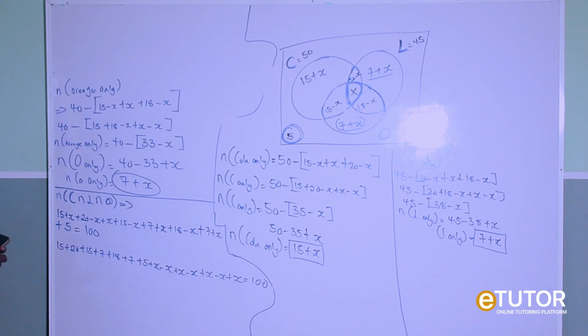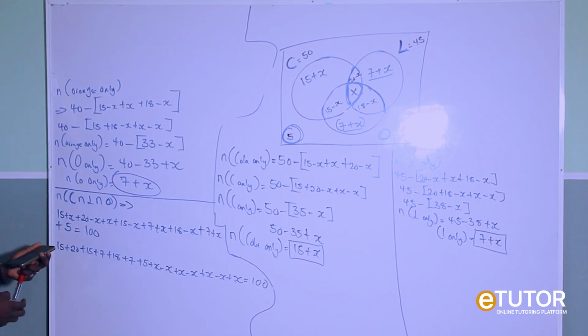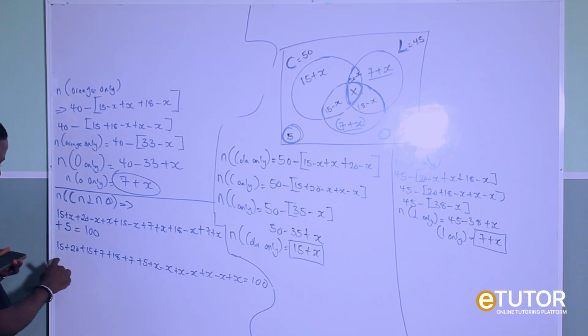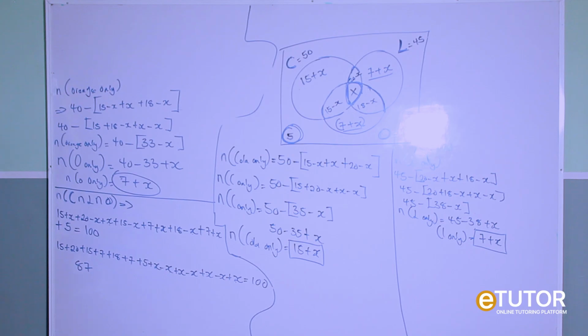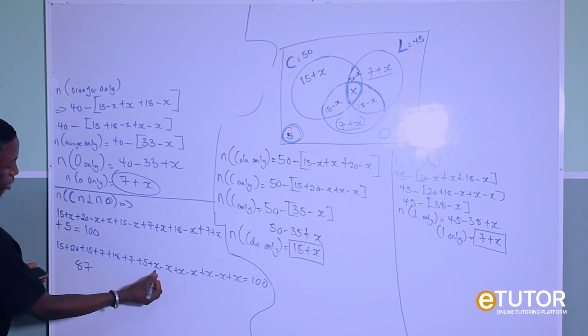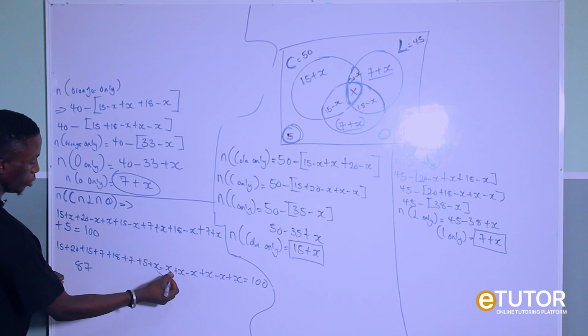So 15 plus 20 plus 15 again, plus 7, plus 7, plus 18, plus 7, plus 5 equals 87.